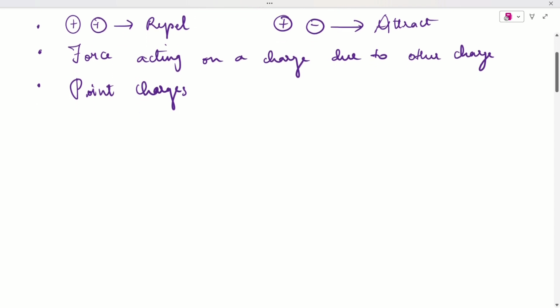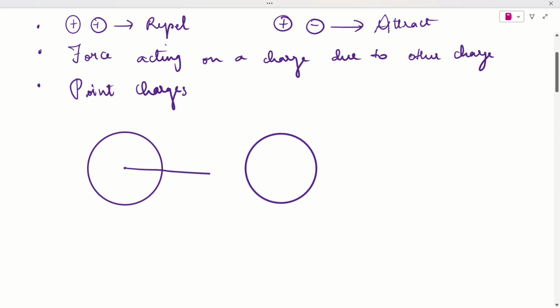Now, what is a point charge? Does point charge simply mean that these charges are very small? Not exactly. Let us draw two charges here, like this. Let the distance of separation between these two charges be r. This is charge q1, and this is charge q2.